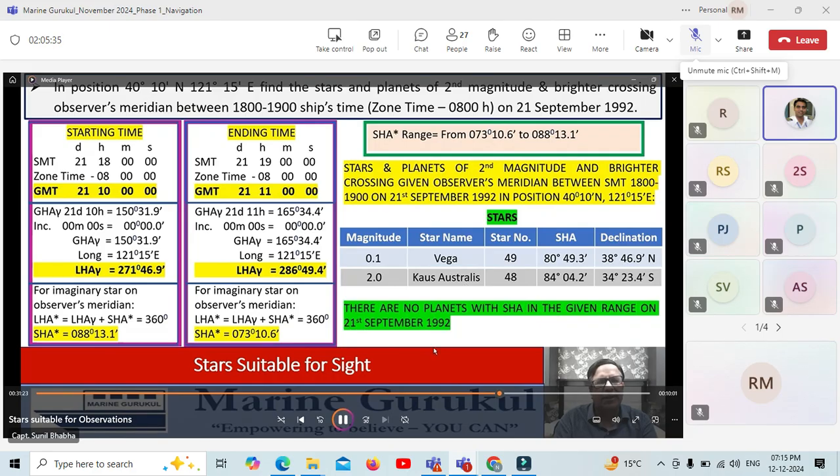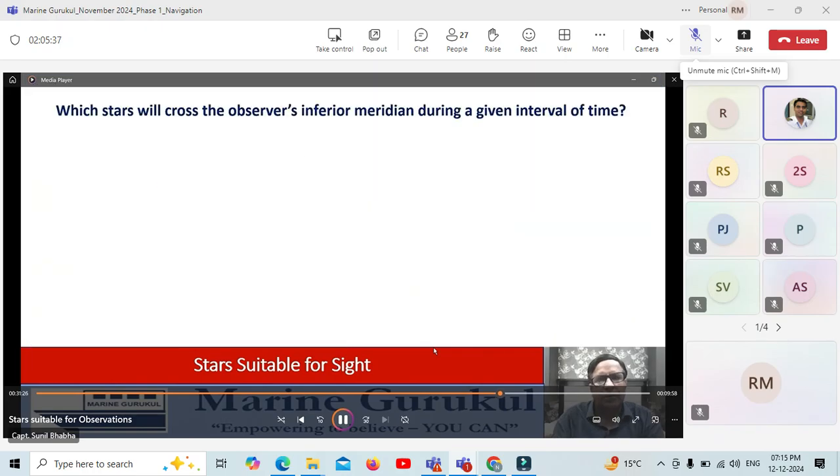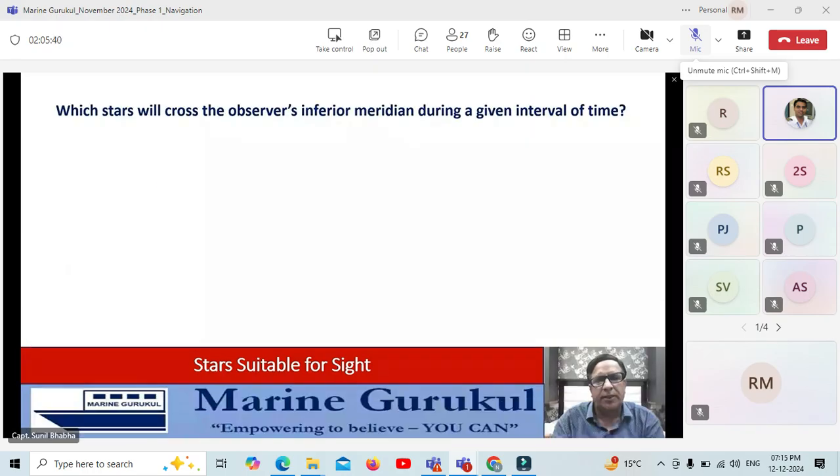Having found the stars and planets which shall cross the observer's meridian within a given interval, we could similarly be required to find the stars and planets that shall cross the observer's inferior meridian during the given interval. Observer's inferior meridian is the meridian which is 180 degrees opposite to the observer's own meridian.